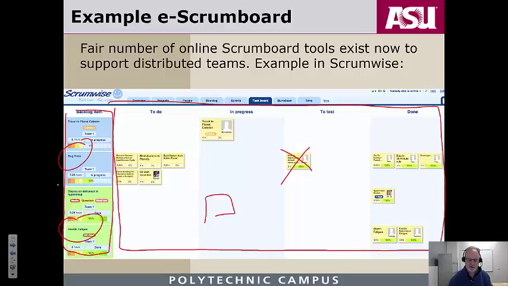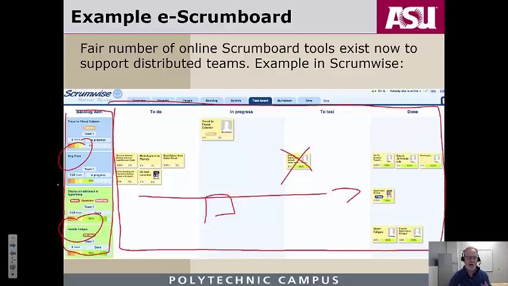But what happens when things on this board just stop? They stop flowing to the right, and we can't make any progress. What happens is you put the board on pause and you do a spike, which means the entire team says we're going to focus on removing this blocker issue to get us restarted.